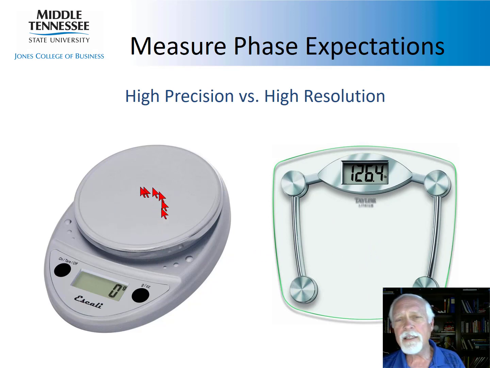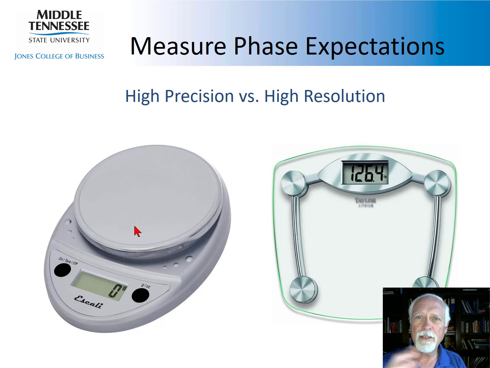Why? Well, this one has a resolution of 1 gram, meaning that's the increments that are going to come up in the display. Hopefully it's that accurate and that precise as well. The bathroom scale has a resolution of 0.2 pounds, 1 gram versus 0.2 pounds. I didn't use my calculator, but 0.2 pounds is around 90 grams, if the math I did in my head is right. That means it's going to be clicking back and forth with plus and minus 90 grams versus plus and minus 1 gram.